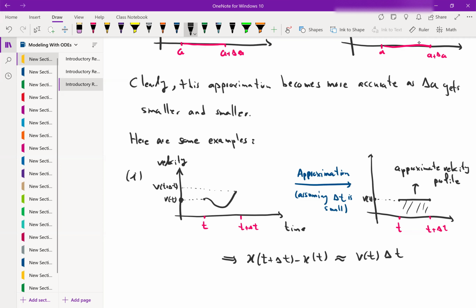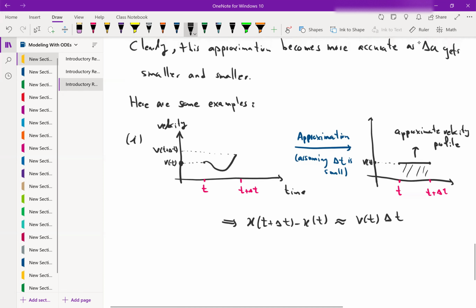And of course, you immediately can say, yes, this approximation becomes better and better as delta t goes to 0. Because this tells me that x of t plus delta t minus x of t divided by delta t is approximately v of t. And yes, as delta t goes to 0, this is exact.